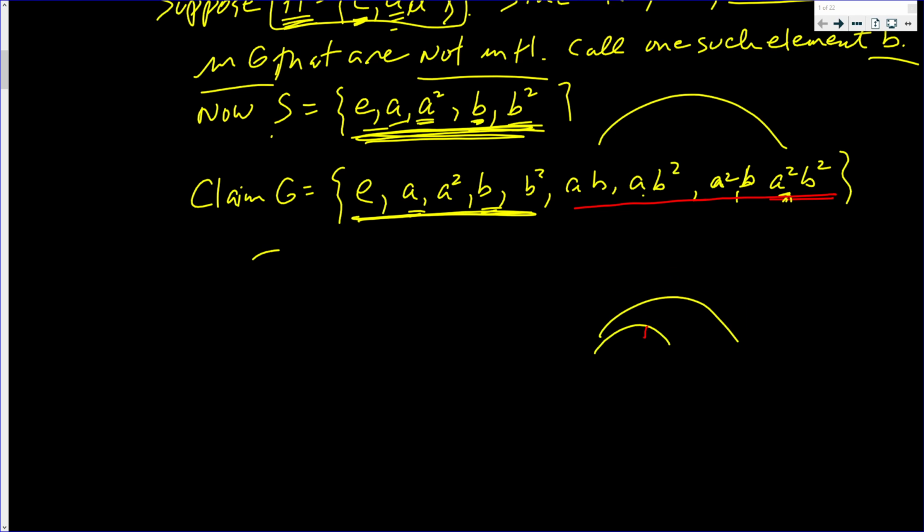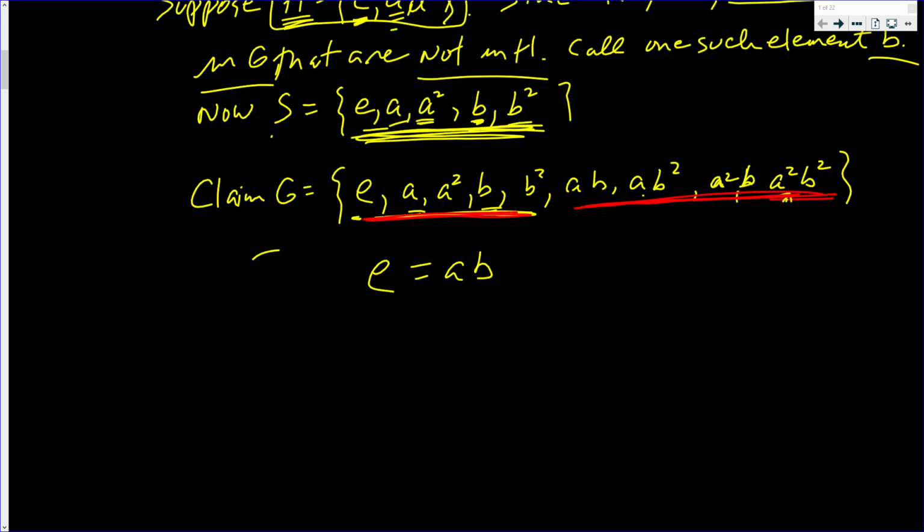Now, you can argue, and I may not do this, that these five elements are different than these four elements. And you can show that. I mean, can E equal AB? Well, if I multiply by A inverse on both sides, this is E. E times B is B, just B. And you don't need E. A inverse times E is A inverse.